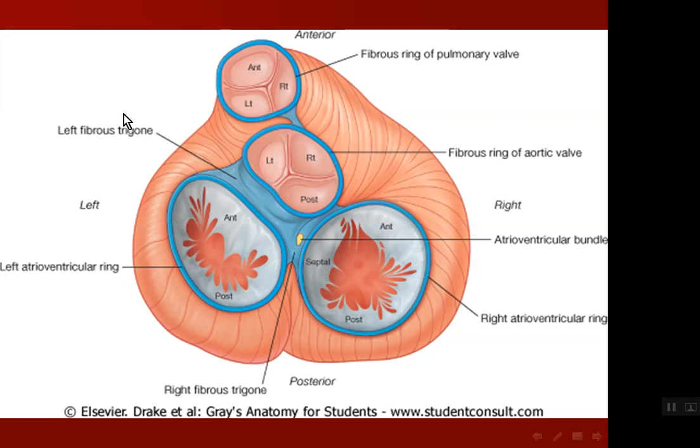So for not letting reflux and going back to the ventricle, these valves exist here, and we call them semilunar valves.